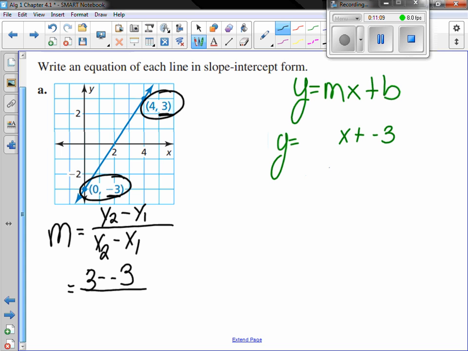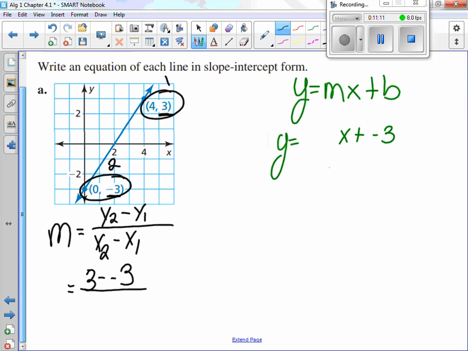So we picked this one to go first, this one to go second. So it'd be 3 minus negative 3 over our x values. Since this one went first, its x value is 4 minus 0. So whichever y value goes first, its x value has to go first on bottom.